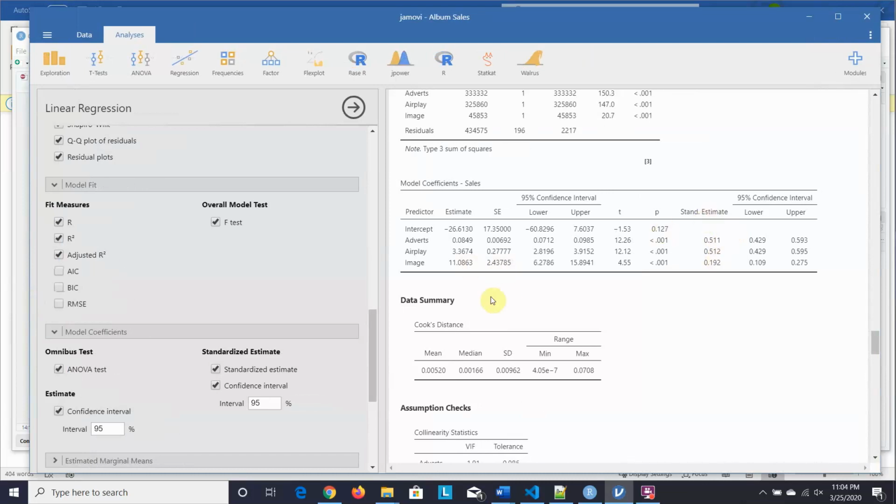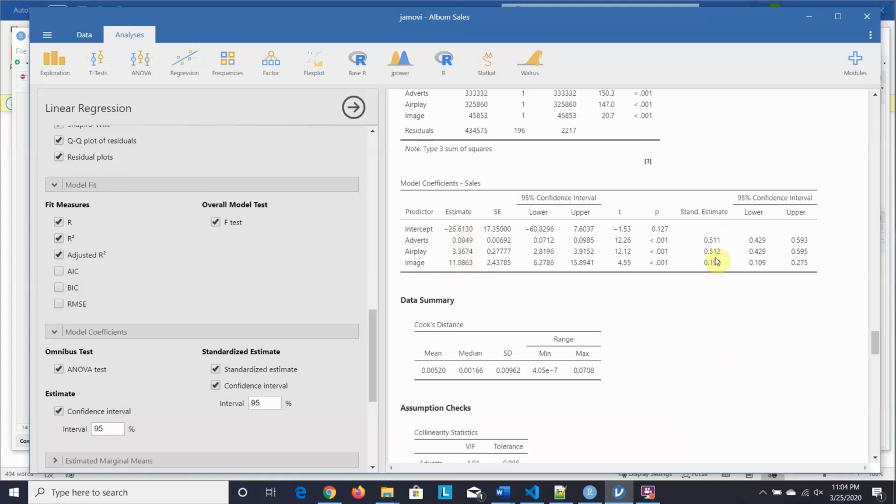So we really can't compare this number with advertising, with this airplay, with this image, because these are all in their own units. So advertising is in pounds, airplay is in number of times, image is in an image unit. That's like a psychological measure. And so these are apples and oranges. You cannot compare these directly with each other because they have their own units.